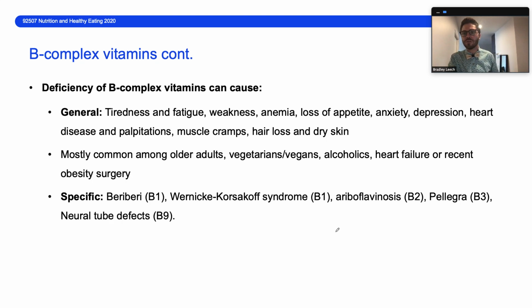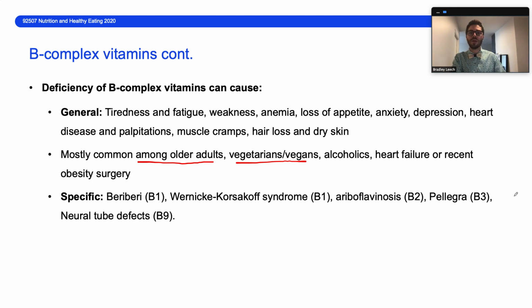And that can generally result in tiredness, fatigue, anemia, loss of appetite, depression because of a lack of these B vitamins, which support neurochemical pathways within your brain. It is more common within older adults, and as we alluded to, vegetarians and vegans.